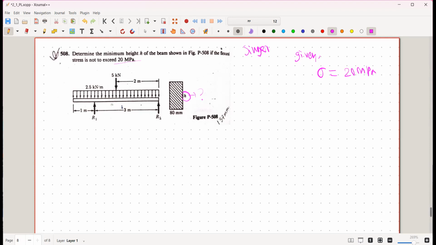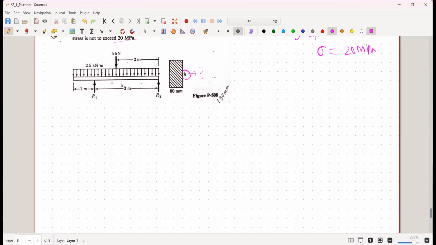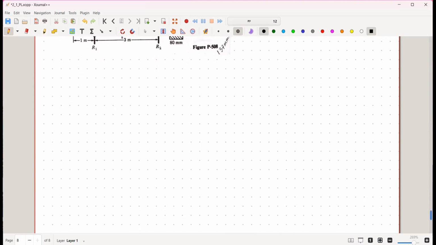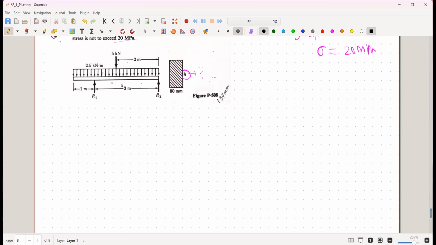So the first thing we do is determine the reactions R1 and R2. First of all, we have to draw the free body diagram. It is also written on the paper.